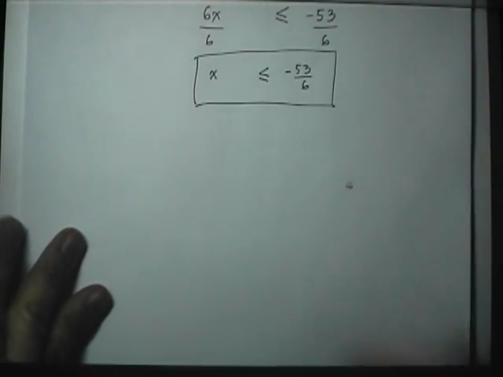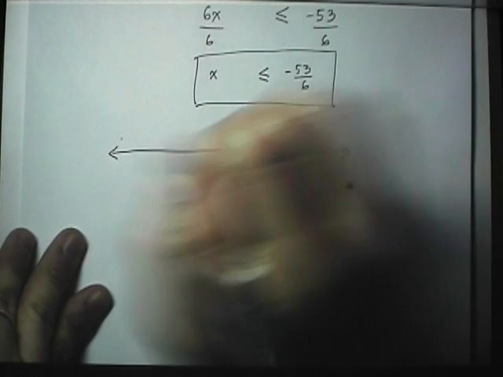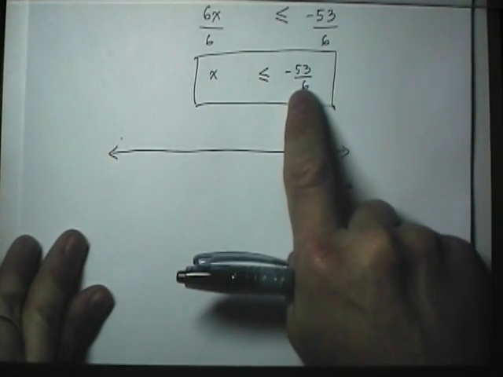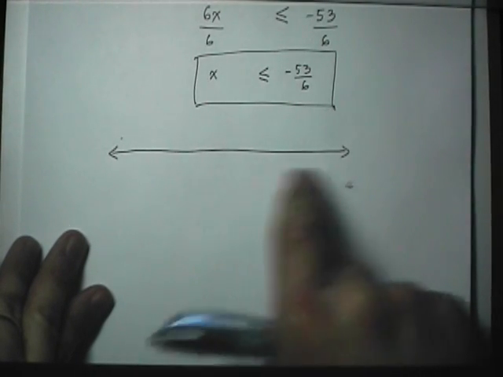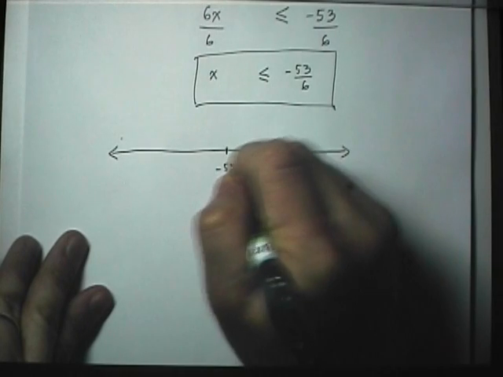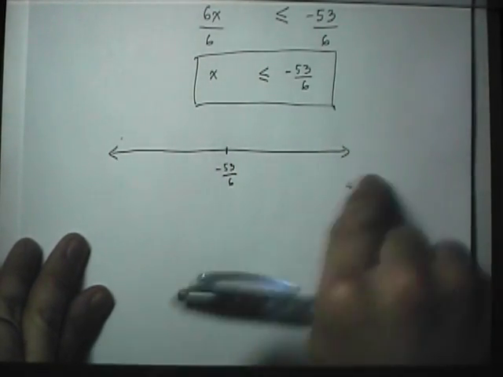However, the next task here is to, once again, graph the inequality. So think about the graph. And once again, you don't even have to know precisely where this negative 53 over 6 is going to be on the line. It can be just anywhere here. It's just one value that's going to exist on the line of numbers here.